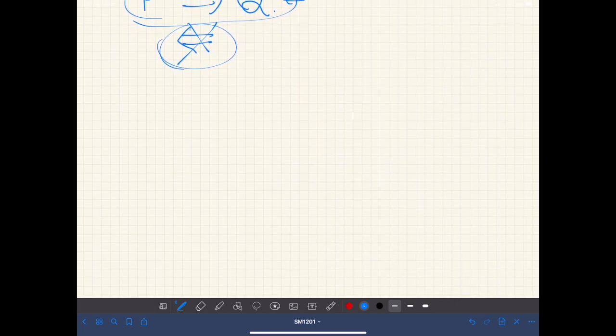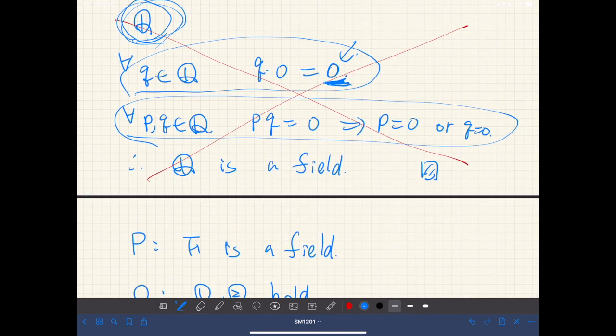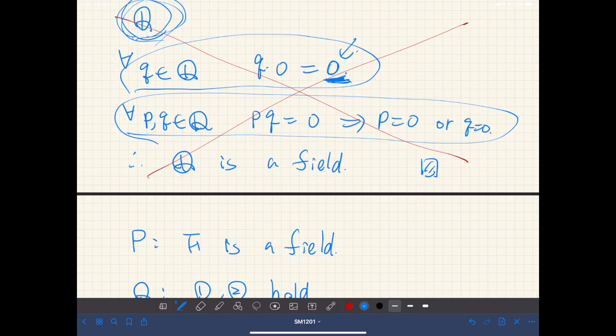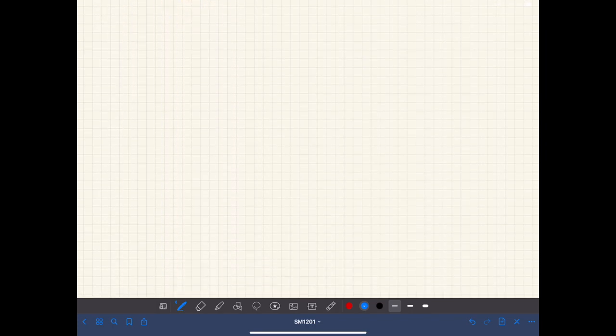And so, in fact, since this is wrong, we can actually find an example of a set that is not a field, but satisfies these two properties. One example is the set of integers.